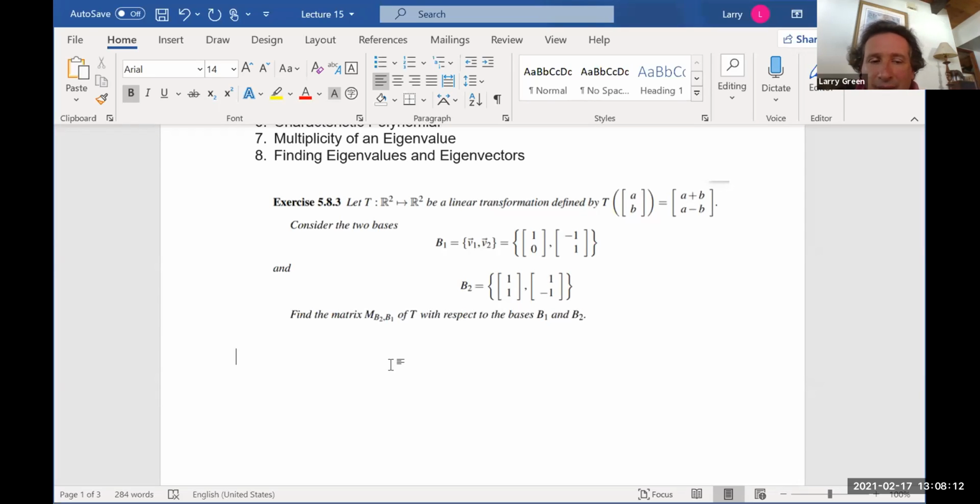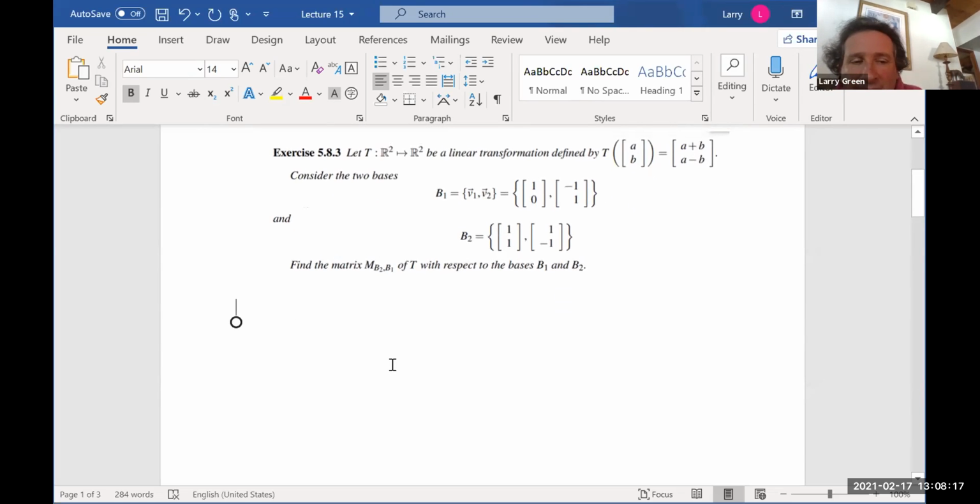All right, so what I like to do, again, it's a little different than the book's way because I find it a lot easier to understand, and that is draw a visual of what's going on.